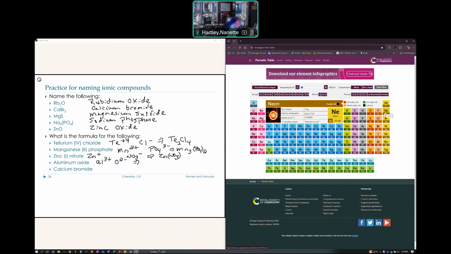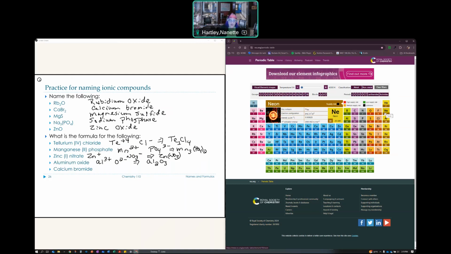I put those two together. This 2 becomes the subscript there. 3 becomes the subscript there. So Al2O3 is the formula I end up with for that. Okay, so 3 plus times 2 is 6 plus. 2 minus times 3 is 6 minus. 6 and 6, plus and minus comes out to be 0.